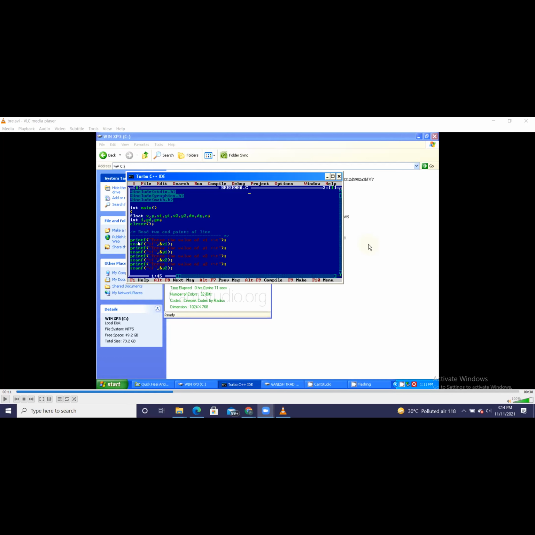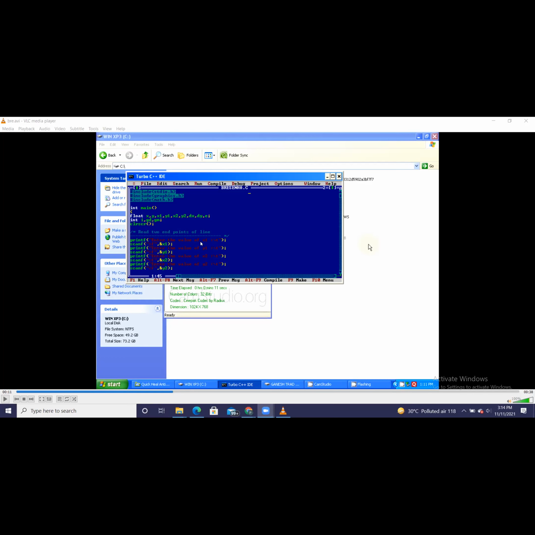Then I'm taking the two inputs x1, y1 and x2, y2 from the user side. All of them are declared float, and I'm accepting these inputs from the user side. Up to this, is there any difficulty? All of you are getting this?